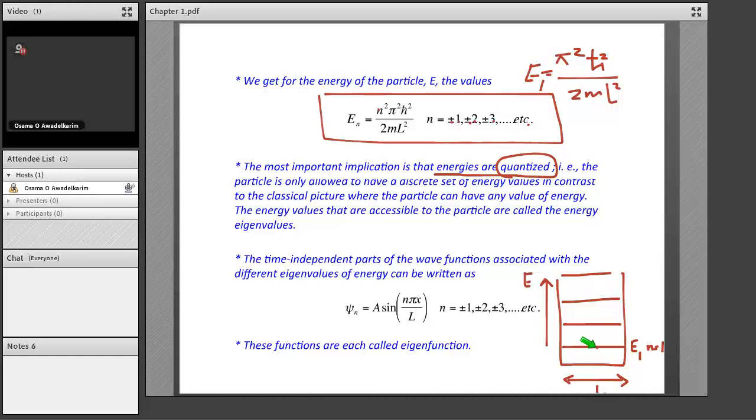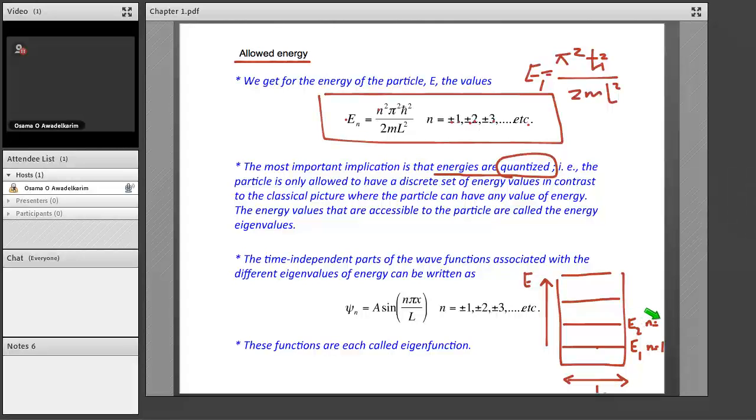And then the second energy that is allowed. You see, I'm using the word allowed energy. And that allowed energy is a very important word because only these energies are allowed. And so here is E2 for n equals 2.